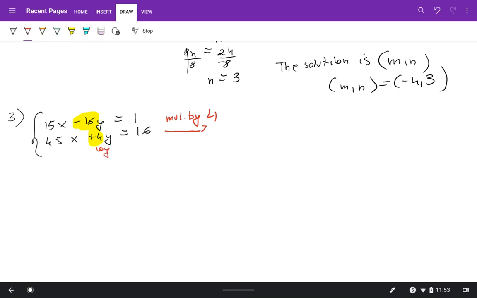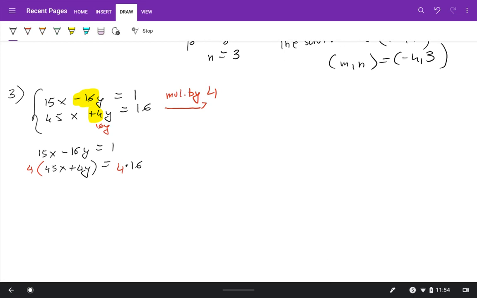And that's what we wanted. So let me copy equation 1 without changes. This is 15x minus 16y equal 1. And equation 2, the entire equation 2, I multiply by 4. So we have 45x plus 4y equal 4 times 16.